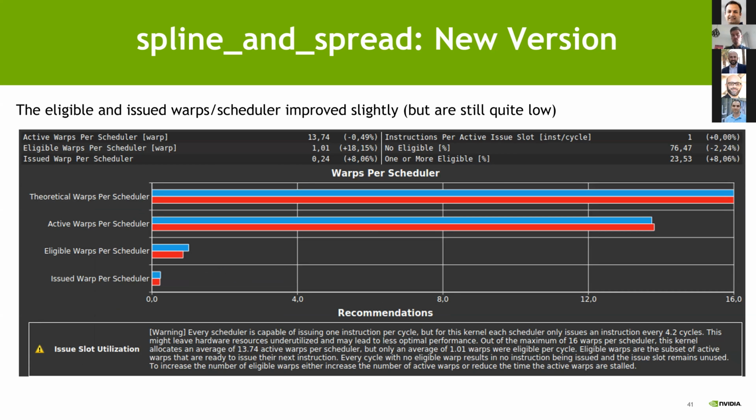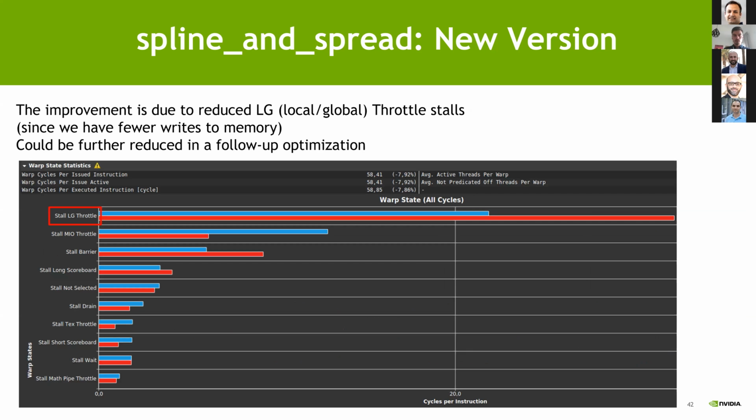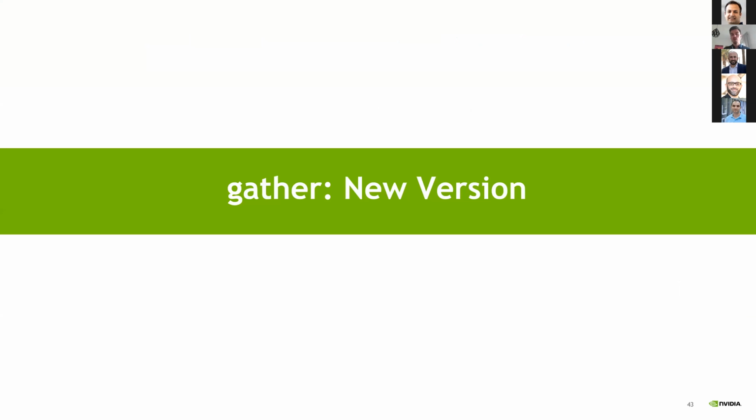But that would require further analysis and further optimization. As expected, we see that these LG throttle stalls are down a lot, since we have fewer writes to memory. And overall, nice improvement.